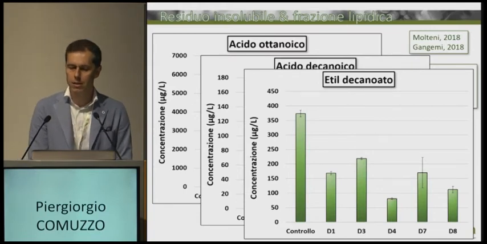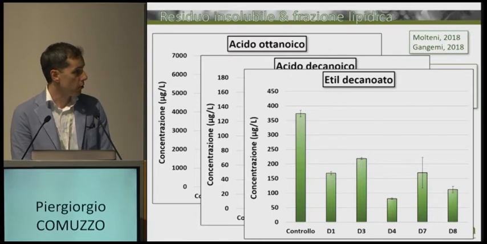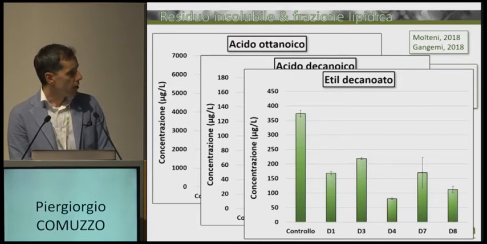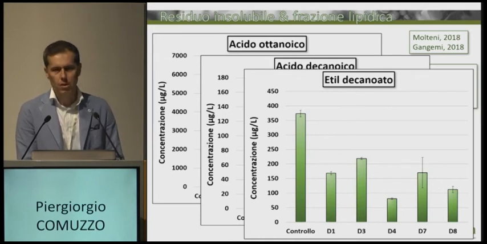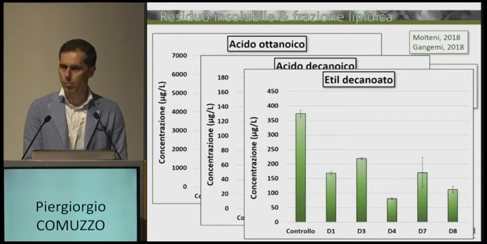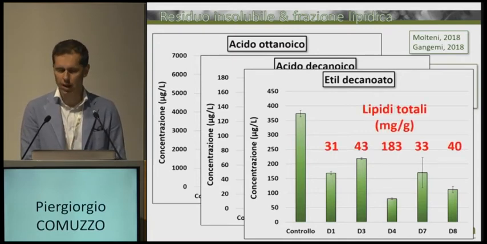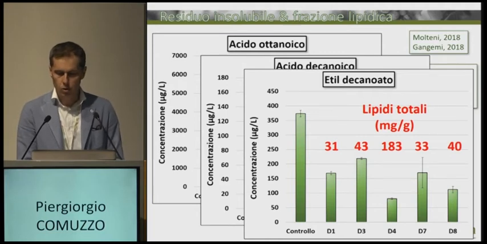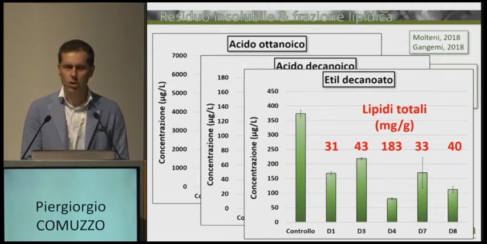Here you can see the effect on ethyl decanoate, which is very important for its fruity aromas. You can see that D4 is the one that leads to the most pronounced reduction. For these compounds, the lipidic content of the soluble part is very important, and you can see that there are many lipids in D4.